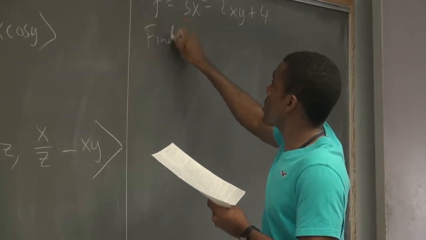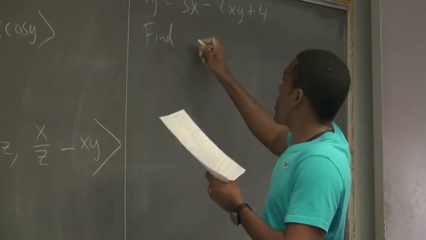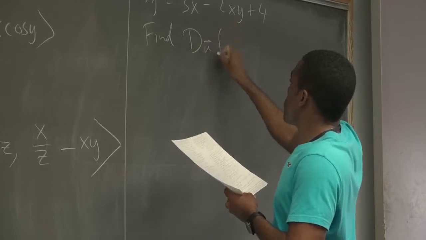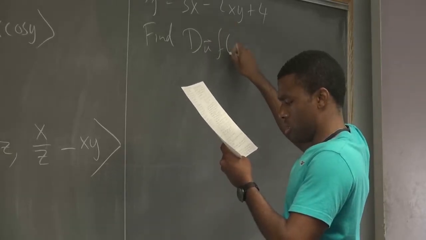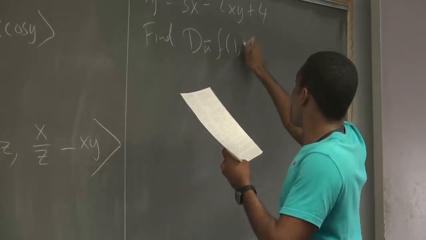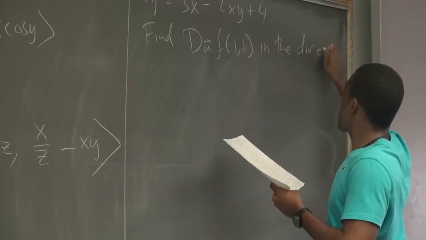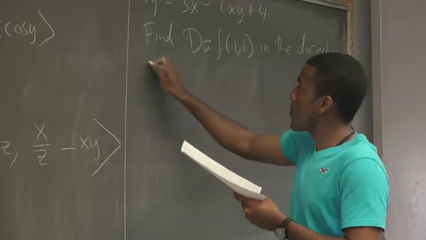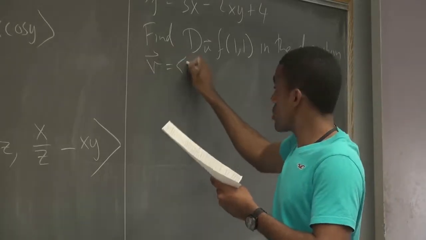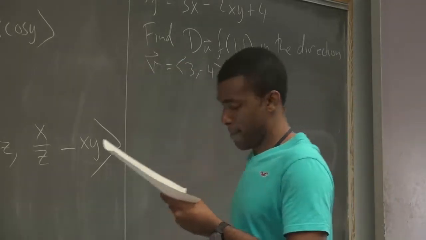Find the directional derivative of f at the point 1, 1 in the direction d equals 3, minus 4.